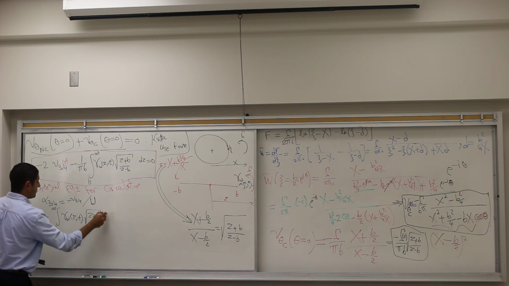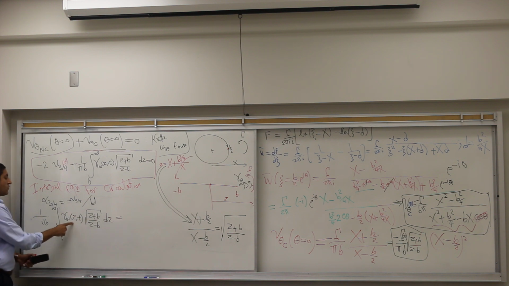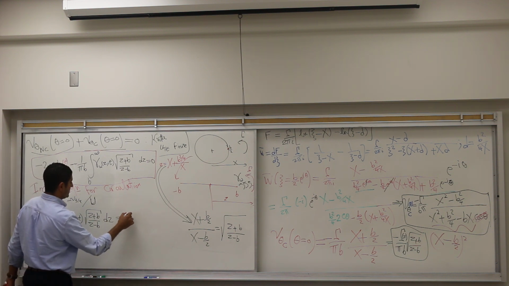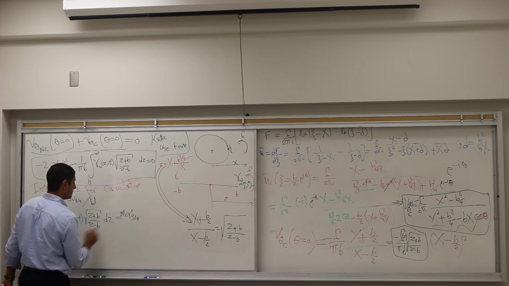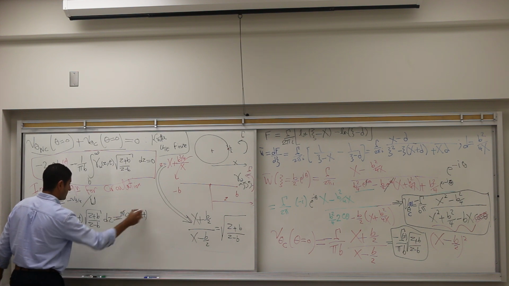And this is even harder than the steady one, because the steady one was a function of space only. This is a function of space and time. So this is 2 pi alpha 3/4 as a function of time.